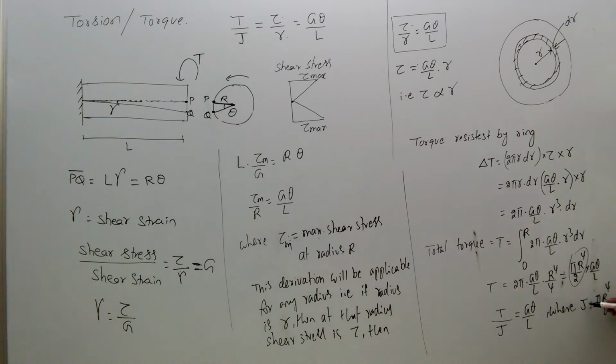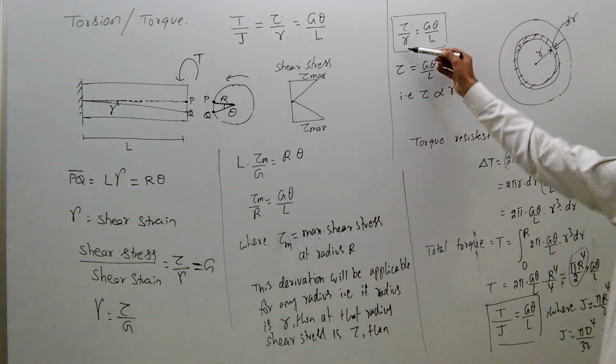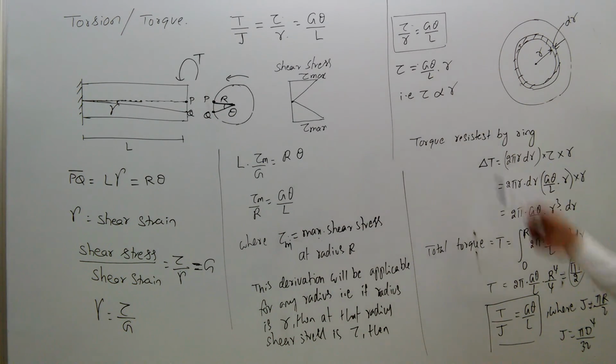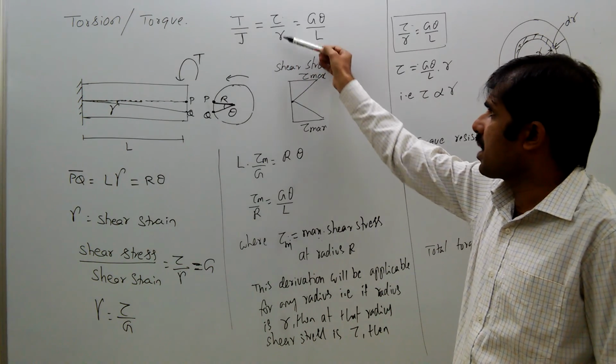In terms of diameter, J equals pi d power 4 by 32, since 2 to the power 4 is 16, times 2 is 32. So now we got T by J equals G theta by L. This is another relation, and we have tau by R equals G theta by L. So T by J equals tau by R equals G theta by L.